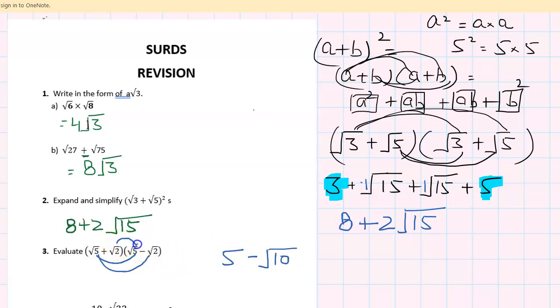Now root 2 root 5 is again root 10, and you can see there is no negative here, so this is positive. And root 2 multiply root 2 is 2. This is negative, this is positive, so minus root 10 plus root 10 cancel, so 5 minus 2, so answer will be just 3.